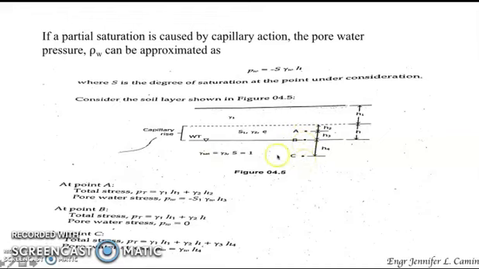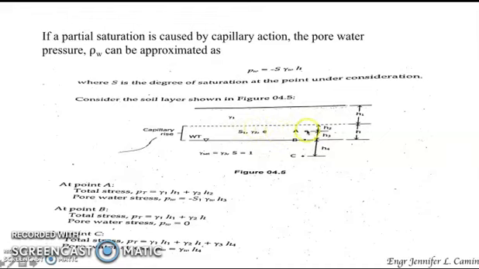For this figure, if you are going to compute the total stress at point A, that will be equivalent to H1 times the unit weight, gamma 1, plus h2, from the ground surface towards point A, times the unit weight within the soil layer. So that is the total stress.